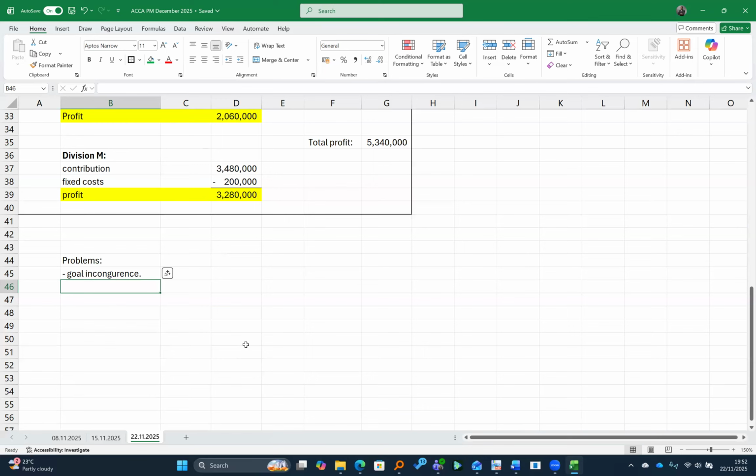This guy describes how division M will not be happy that the profits are not maximized on this end because of the group as a whole, and those kinds of things. And then they will say how division M should at least be able to receive the component from division L at 37 as a minimum.